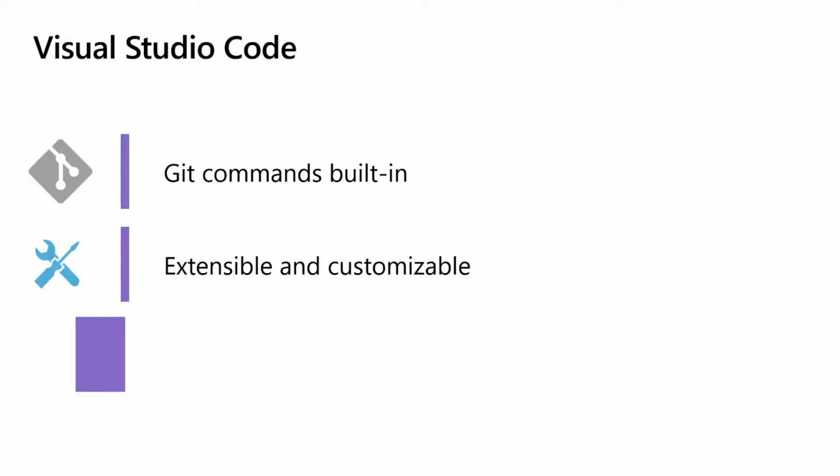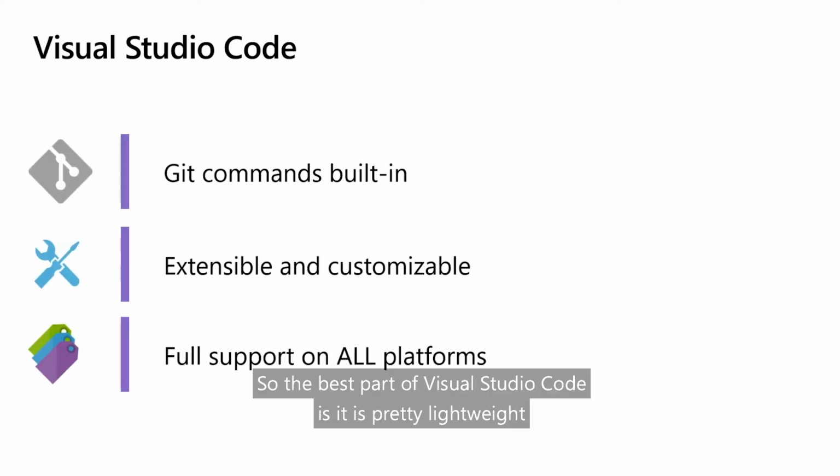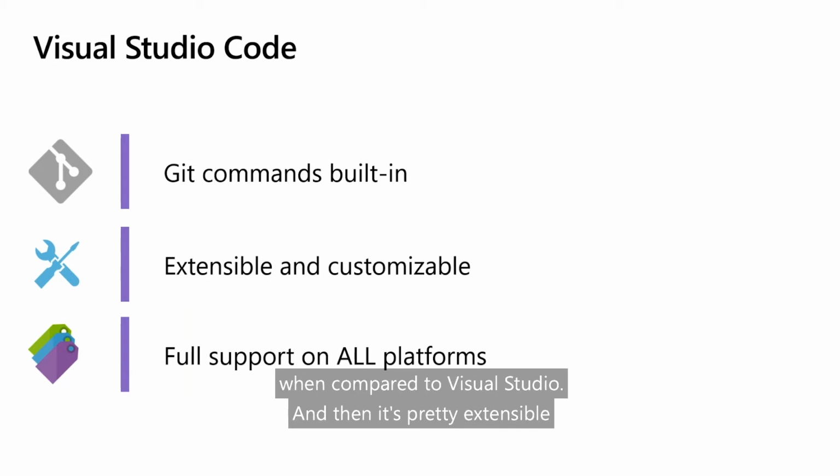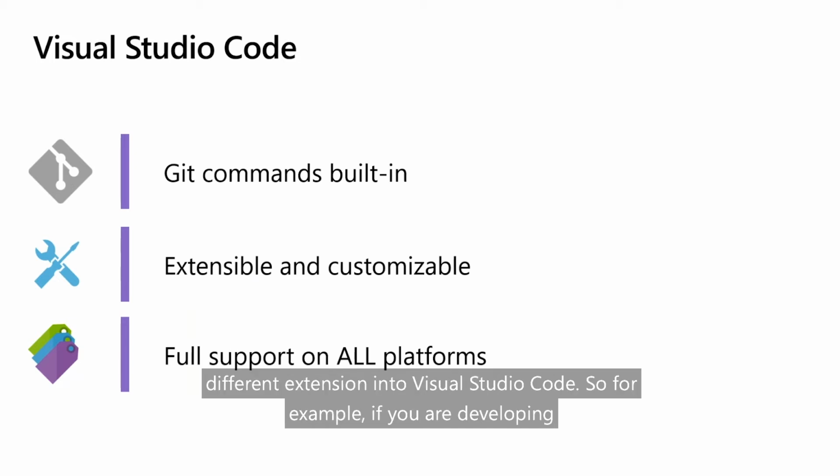Next up, we have Visual Studio Code. The best part of Visual Studio Code is that it's pretty lightweight, even compared to Visual Studio, and it's pretty extensible and customizable. You can install all kinds of different extensions into Visual Studio Code.